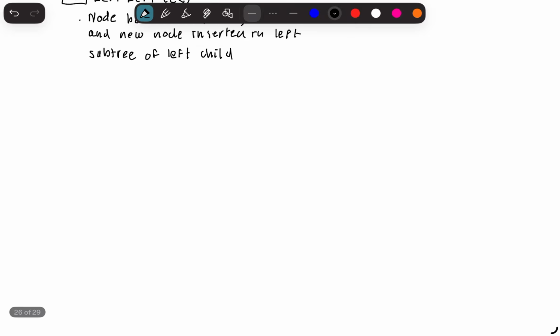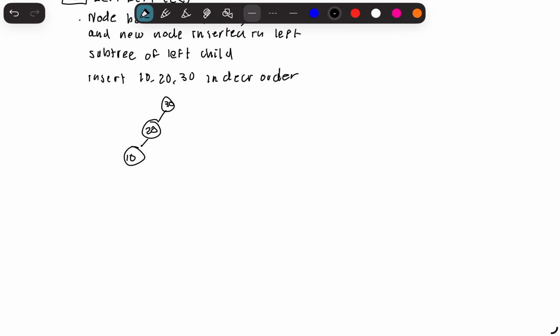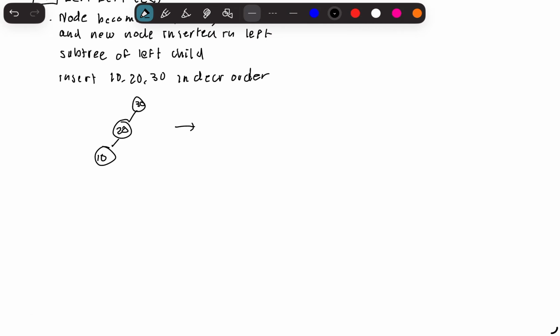So let's say that you are inserting in decreasing order. This is going to look like 30, 20, 10. Now we're going to fix it with a right rotation. This is going to result in 20 here, 10 here, and a 30 here.